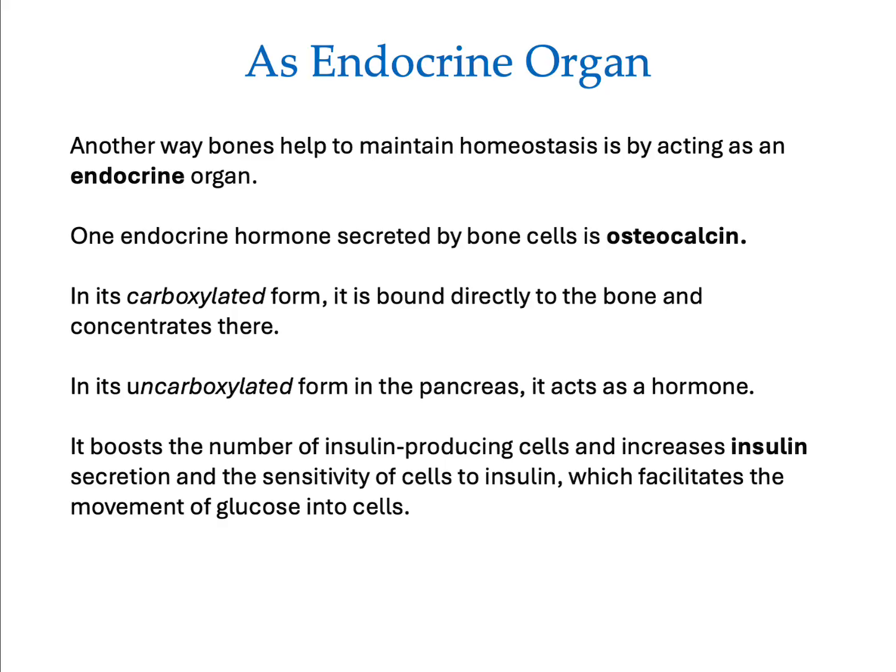In its carboxylated form, osteocalcin is bound directly to the bone and concentrates there. So carboxylated means it has an extra carbon, probably a carbon and an oxygen. Carbon and oxygen, carboxylated. But in its uncarboxylated form, in the pancreas, it acts as a hormone.